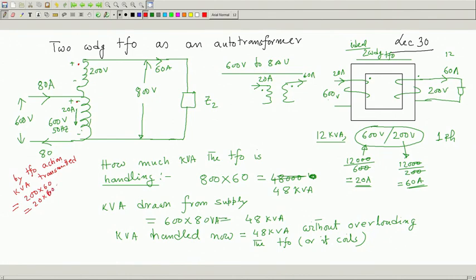Either way, this is equal to 12 kVA. In fact, by transformer action it cannot do anything better, 12 kVA only.